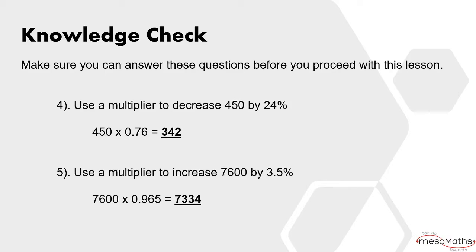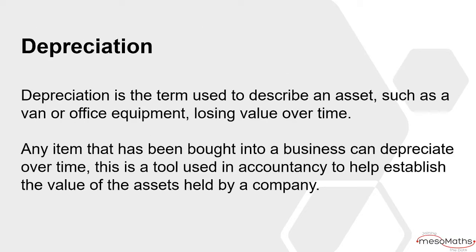So decrease 450 by 24%. The multiplier is 0.76, giving you an answer of 342. Question 5, a little bit trickier, but if you do the 100%, take away 3.5%, you end up with 96.5%. Again, divide by 100 to turn it into a multiplier, and you get the calculation shown in the answer, 7,334.